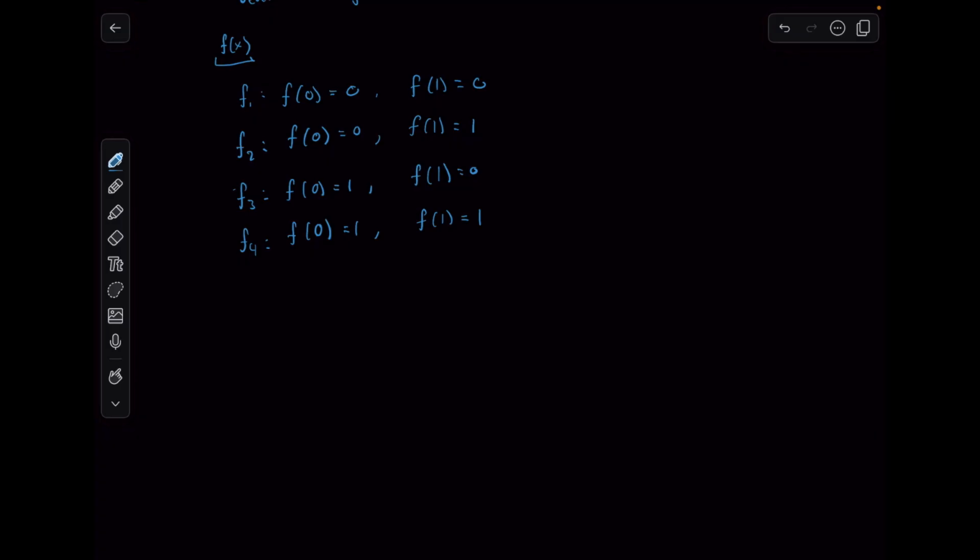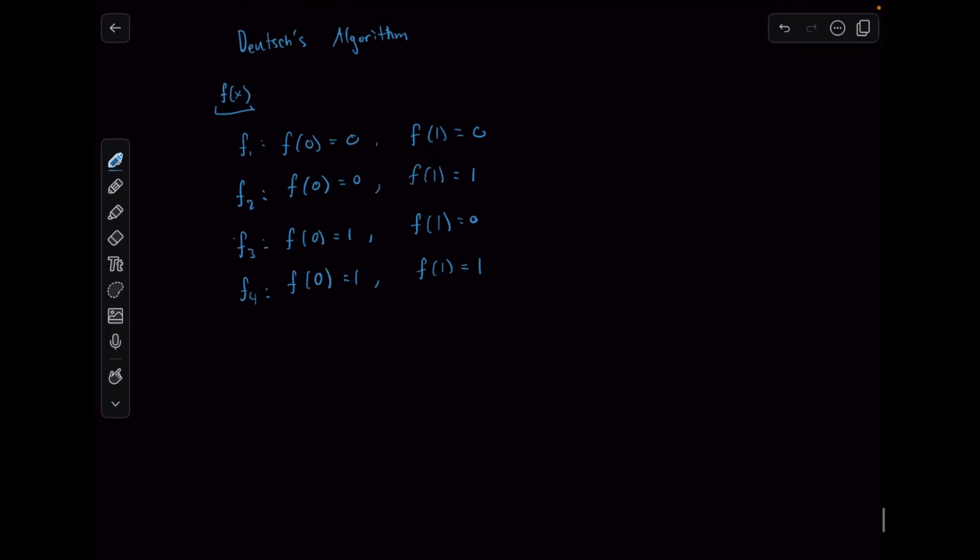So Deutsch's problem and Deutsch's algorithm essentially deals with this simple f of x function, but separates these 4 functions into 2 different types. So we can call f1 and f4 constant, which means they return the same value for all their inputs.